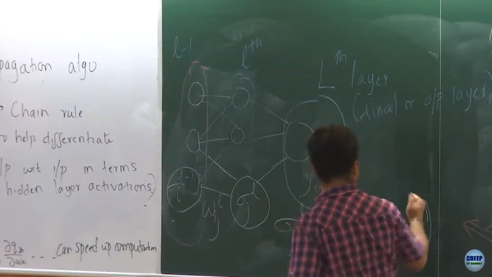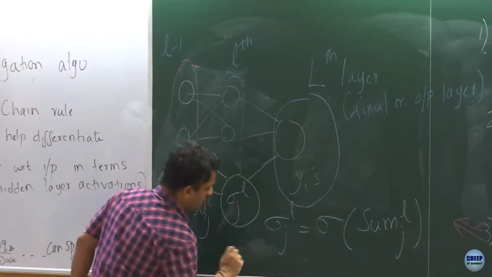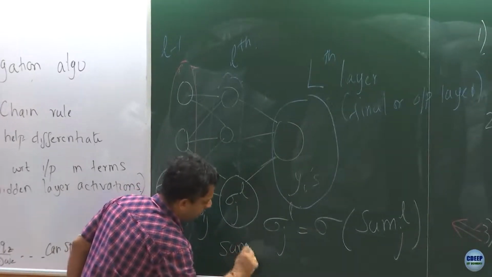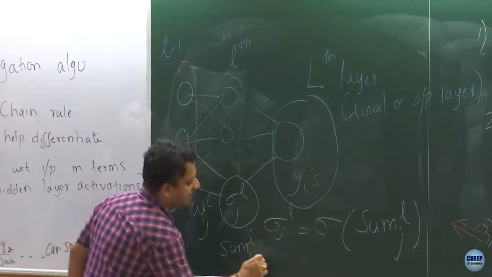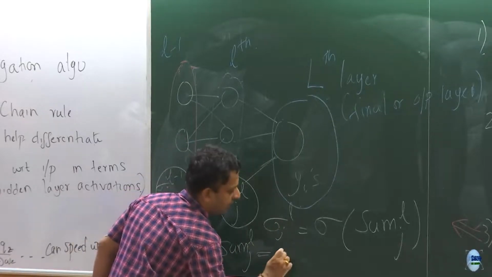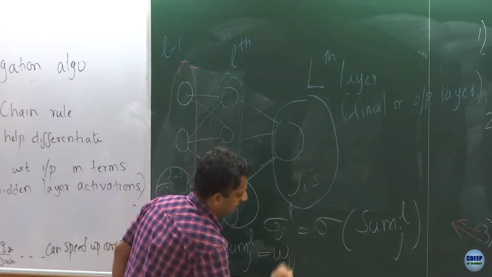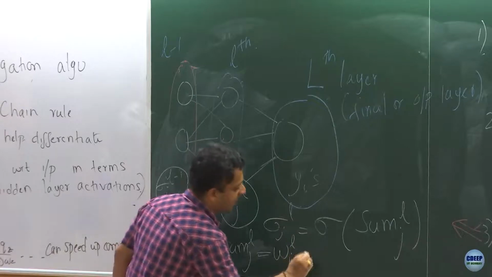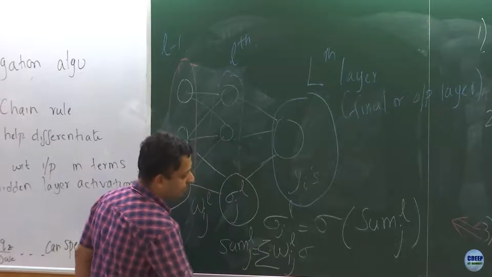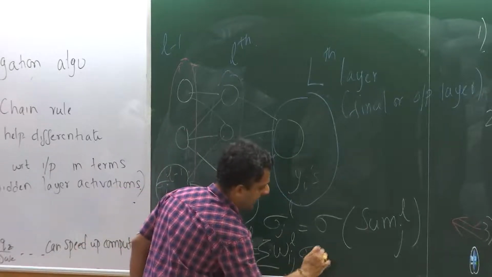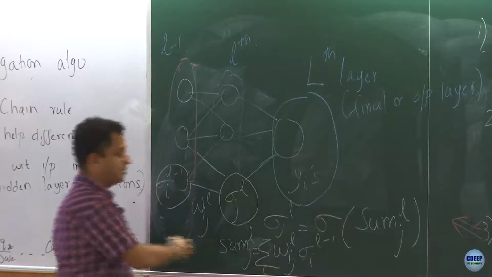This is sum JL, and in turn the sum coming into the jth neuron in the Lth layer is a weighted sum of the activation units from the previous layer, Wijl into sigma I L minus 1, for all values I in the previous layer.